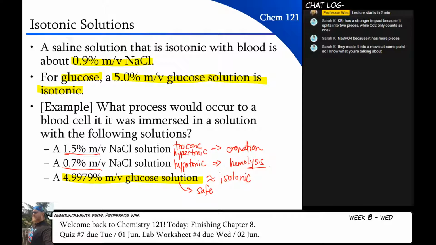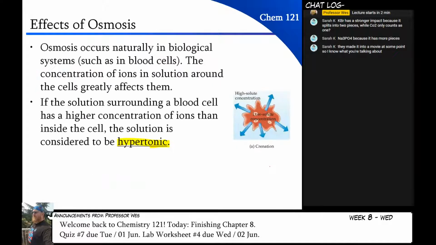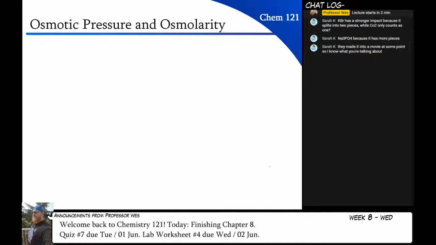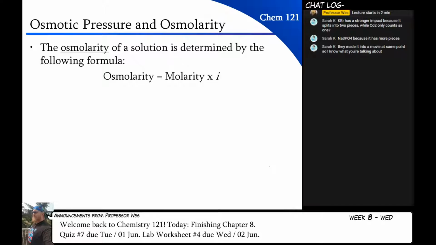All right. I do have to scroll back a few slides because we did skip over one little bit of a topic real quick. Written on the side of the containers for IV bags is something that says osmolarity.